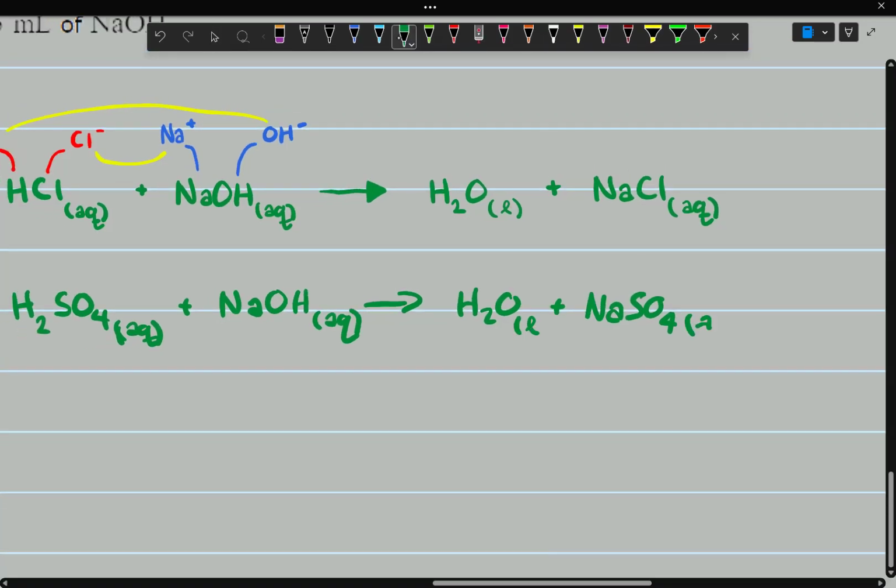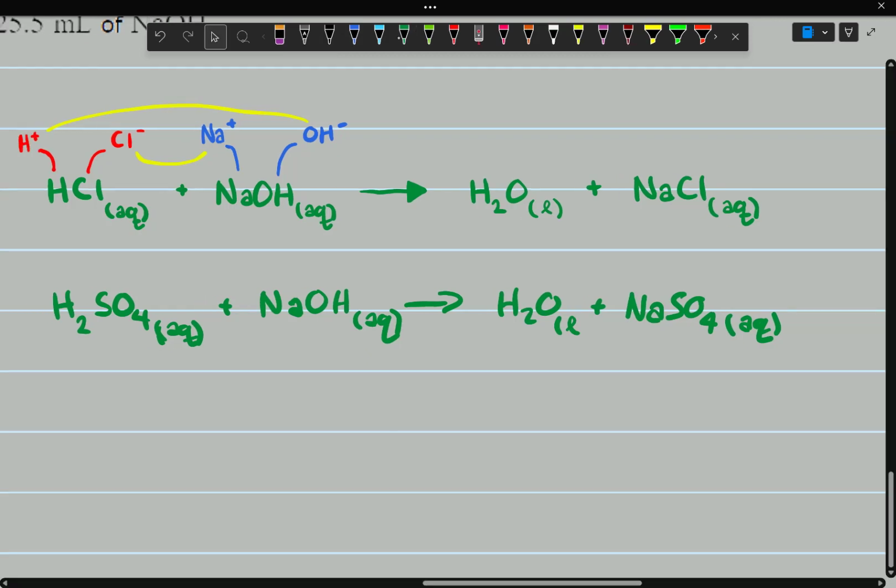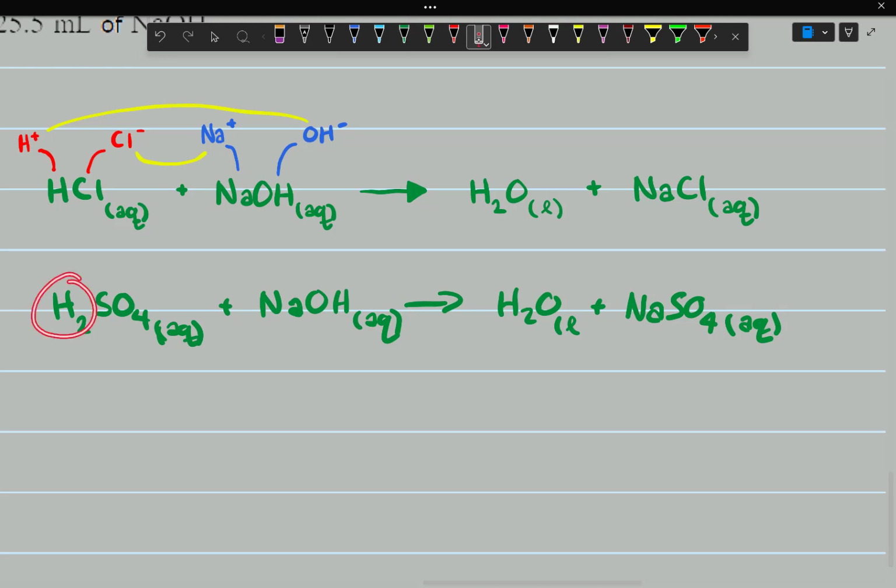So the point of all this is, if we look, we find this equation is not balanced. We have 2 hydrogen and 1 hydrogen here. That makes 3 hydrogen in total. And we only have 2 over here. So if you balance this equation, you will be left with 2 here.